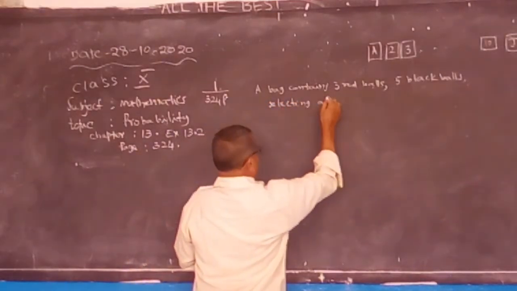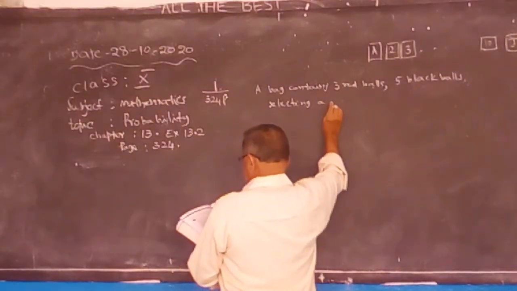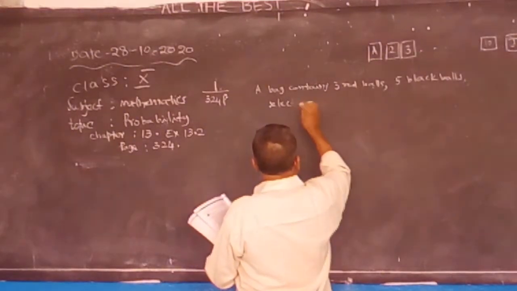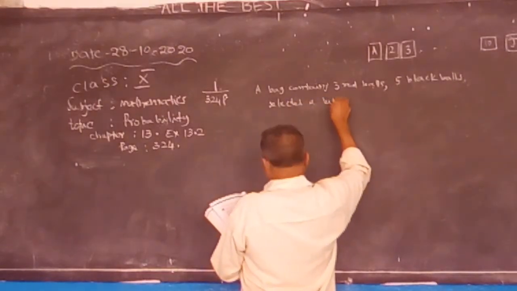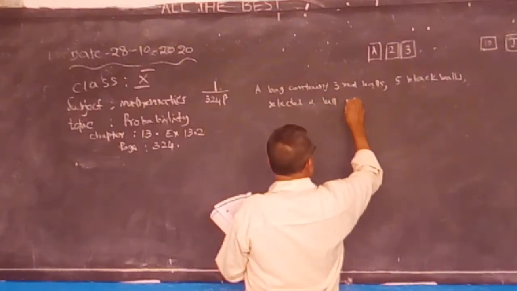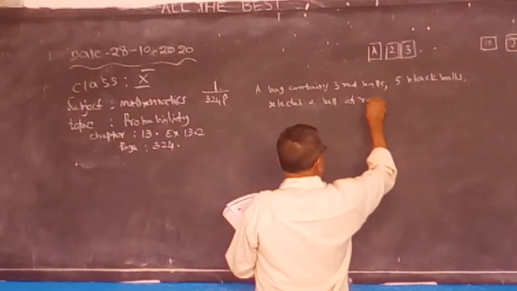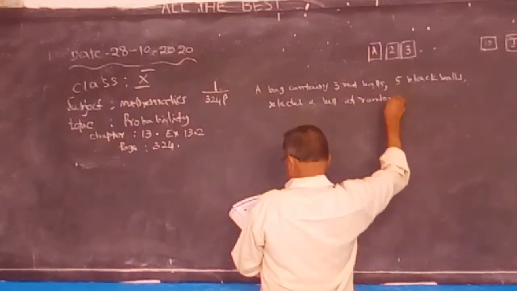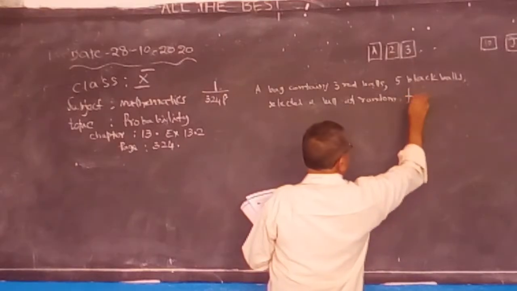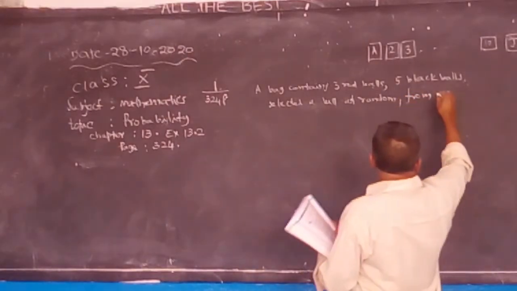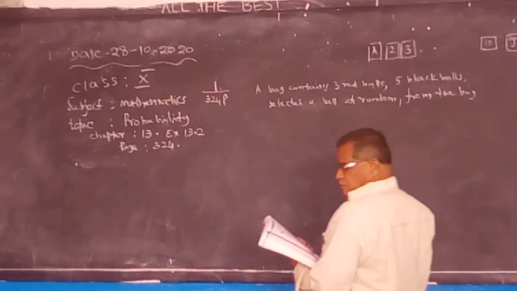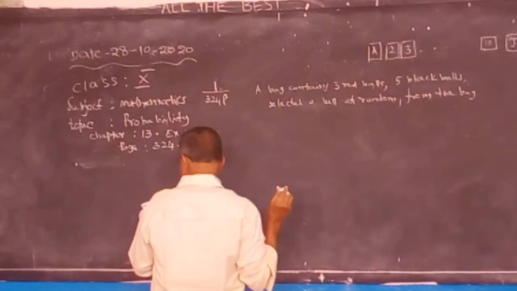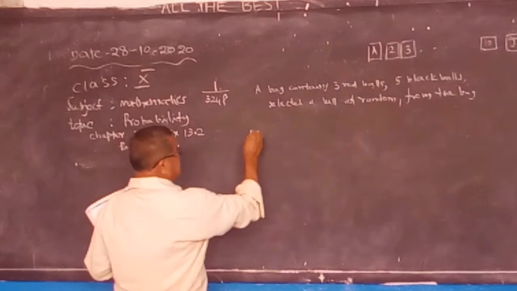Find the probability that the ball selected is red.